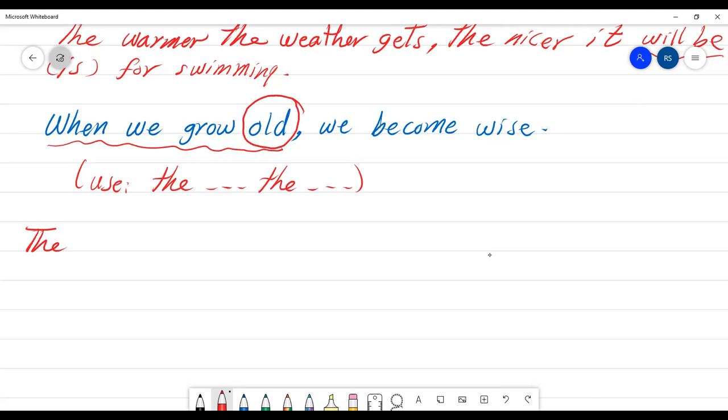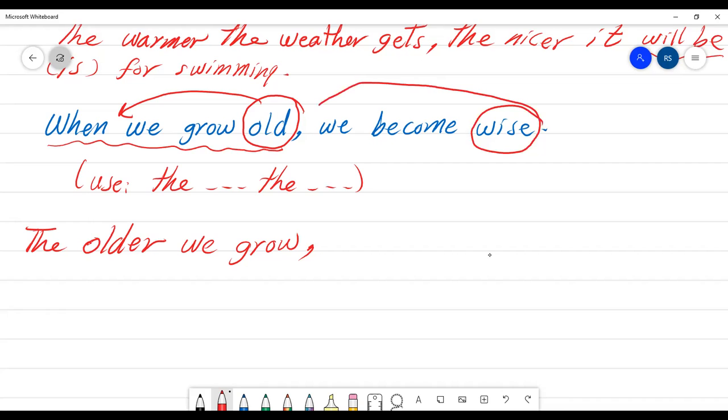So the older we grow, yes, okay. The wiser we, yeah, the wiser we become.